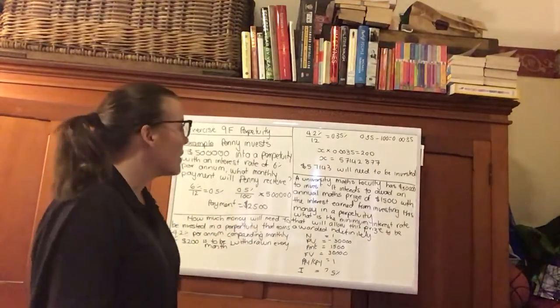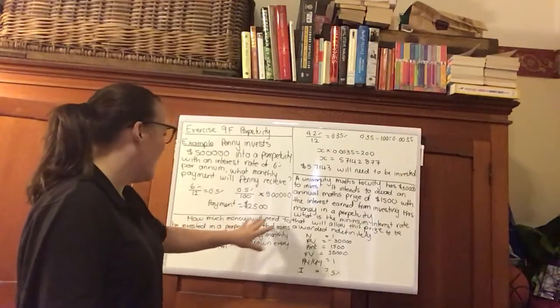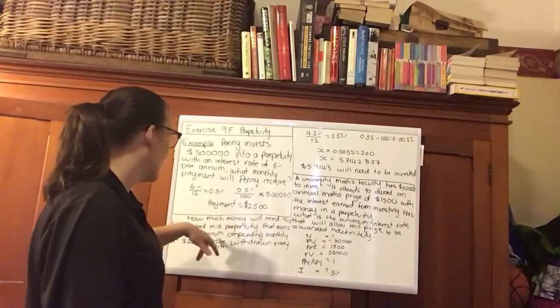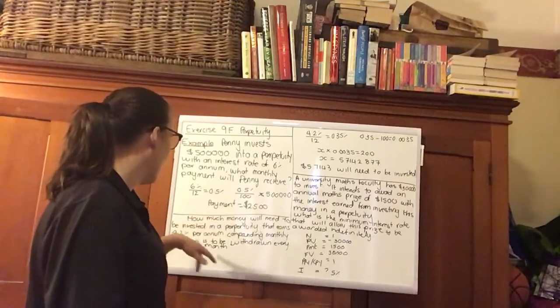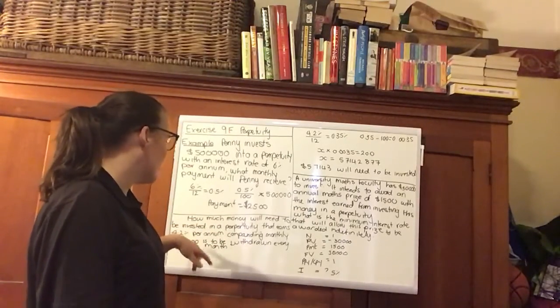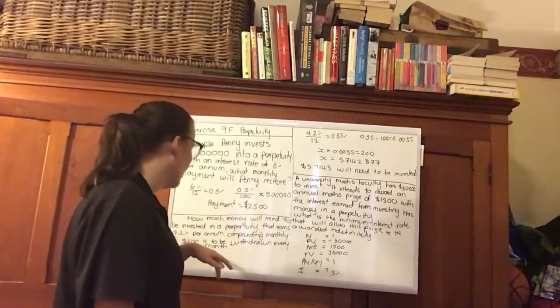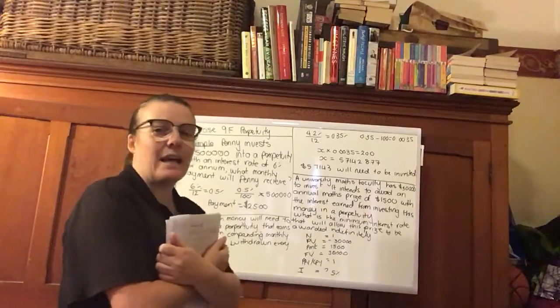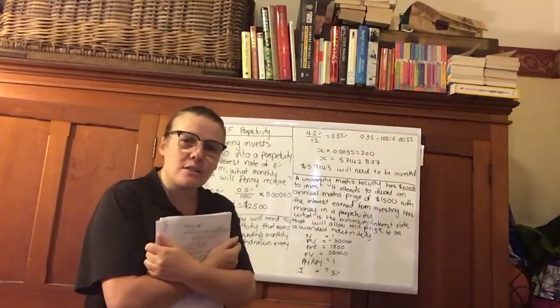Okay? Alright, how much money will need to be invested in a perpetuity that earns 4.2% per annum, compounding monthly, if $200 is to be withdrawn every month? So this is again a basic calculation. We're looking at interest.